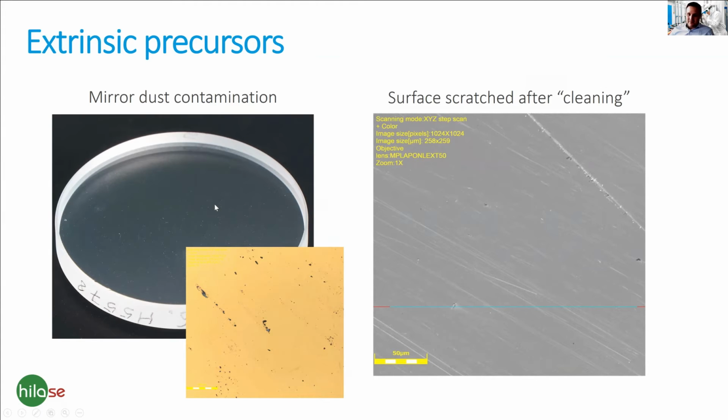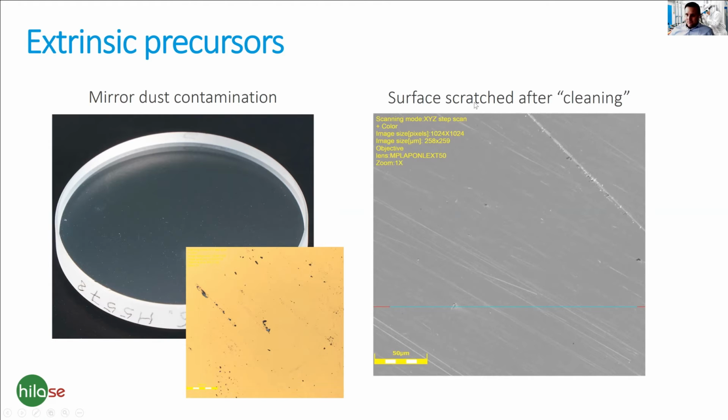It doesn't seem that bad, but when you take a microscope image of such an element, then you see that the surface is very dirty, it's quite messy, and all these darkish spots will act as absorption centers for the light which wants to pass through the mirror. So the contamination is a big issue.